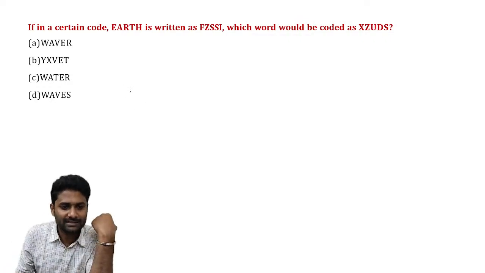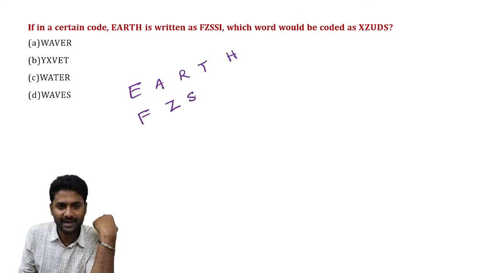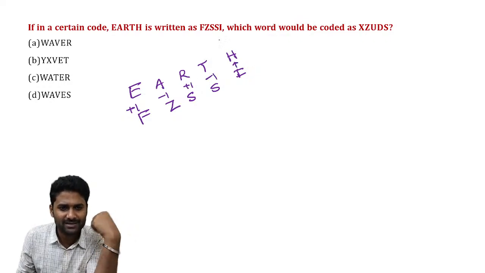Now see here, EARTH is coded as FZSSI. As you are aware, this is plus 1, minus 1, plus 1, minus 1, and plus 1.